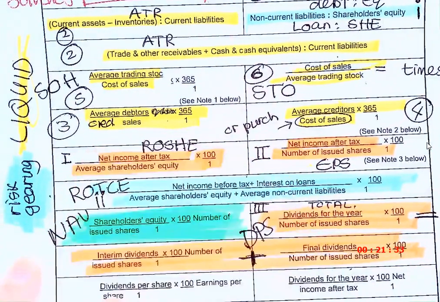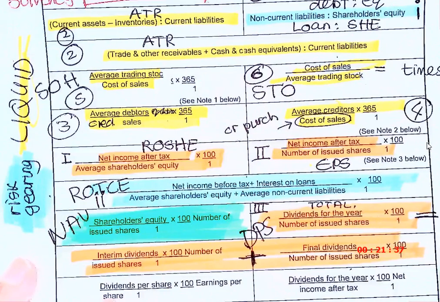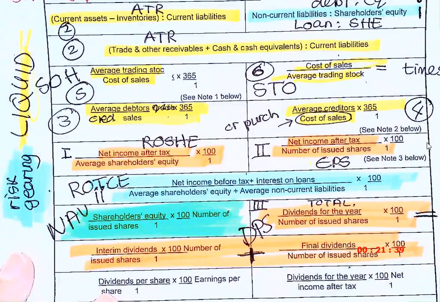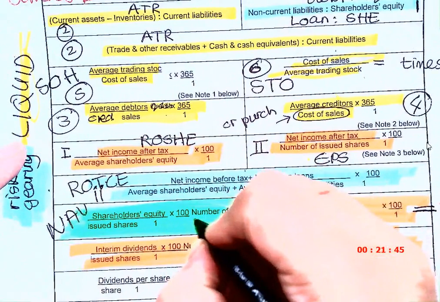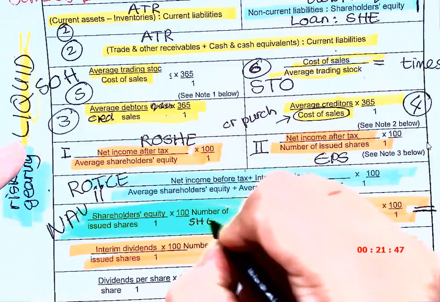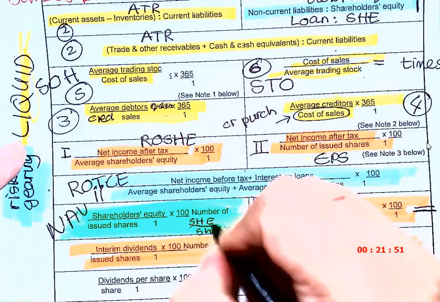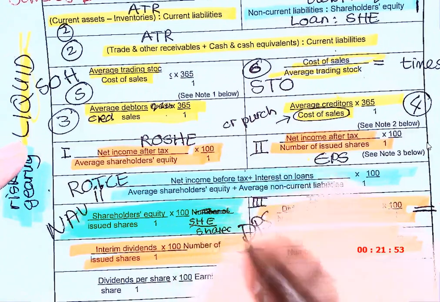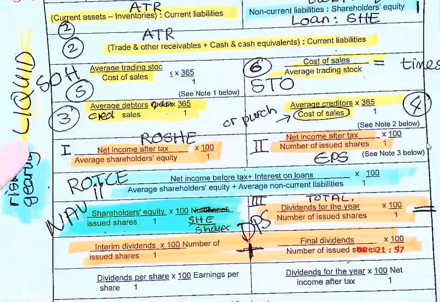Now can you close the door for me please? Can I quickly just make sure you understand that this is your favorite one? Because this one is going to be "she over shares". Now, just scratch that number off because you've got the issued shares there. Let me explain to you.